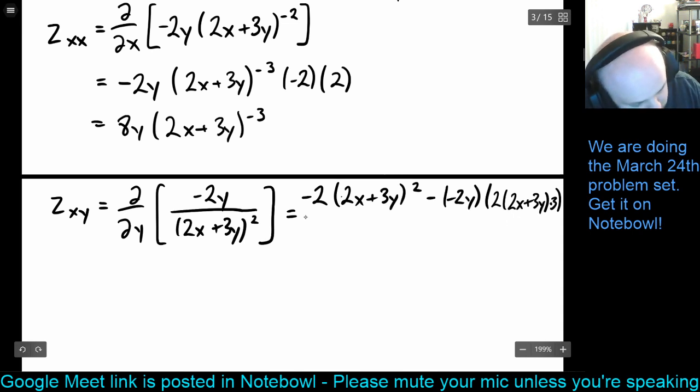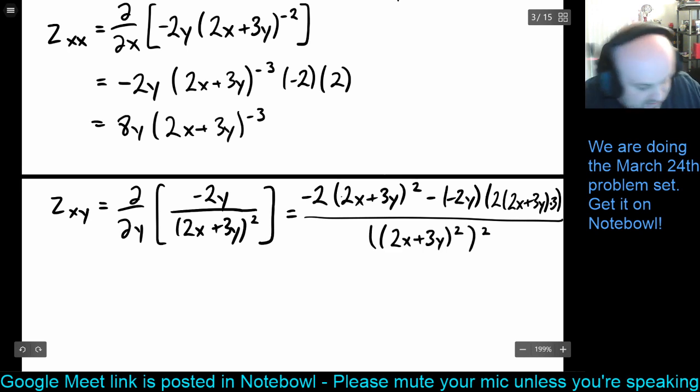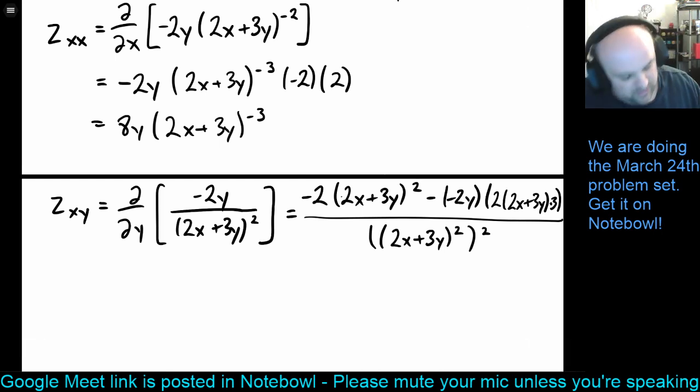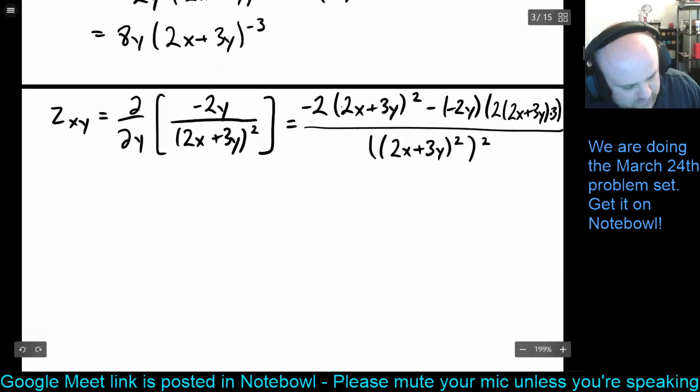And then all of that is over 2x plus 3y squared, all of that squared. Let's just go ahead and make that look a little bit nicer. We don't have to simplify it as far as this could go.